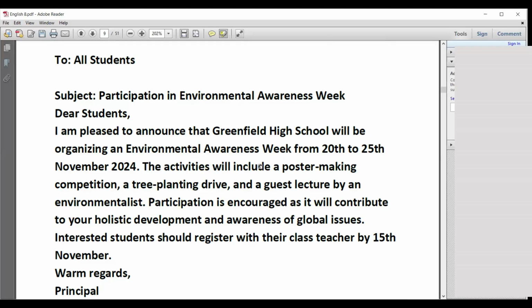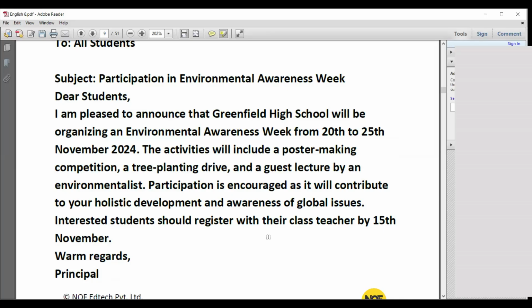The activities will include a poster making competition, a tree planting drive, and a guest lecture by an environmentalist. Participation is encouraged as it will contribute to your holistic development and awareness of global issues. Interested students should register with their class teacher by 15th November. Warm regards, Principal.